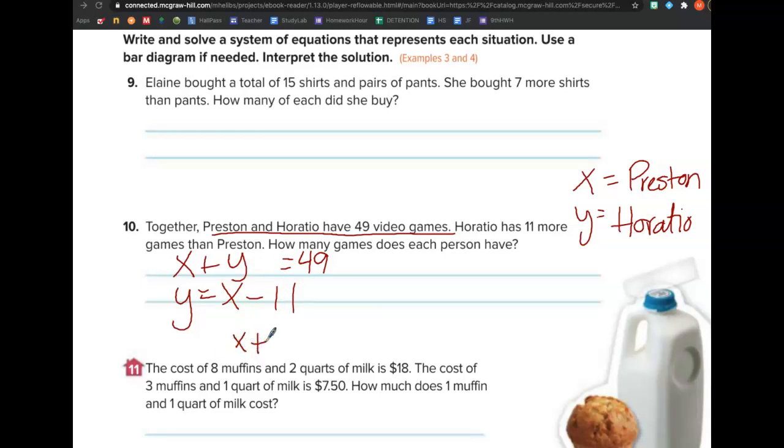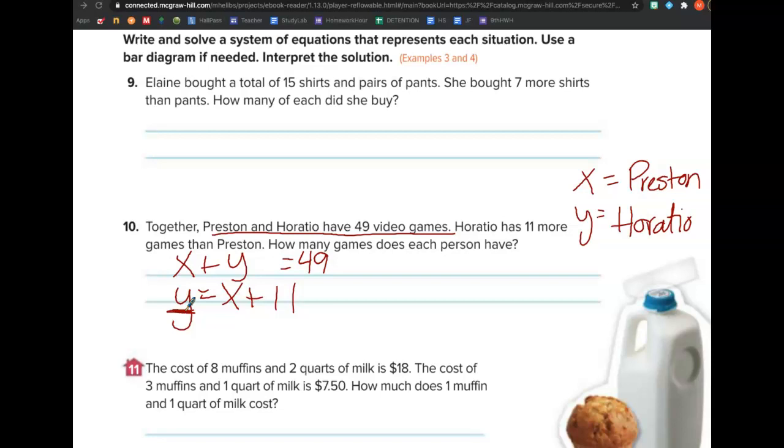We wrote this different last time. Horatio has 11 more, so it should be X plus 11, because who has more? Horatio. What variable is Horatio? Y. So I need this guy to be bigger than X. So X plus 11. The other class, we wrote it with Y as Preston and X as Horatio, so you would write it different ways depending on how you define your variables. That's why it's important to define your variables. Okay?